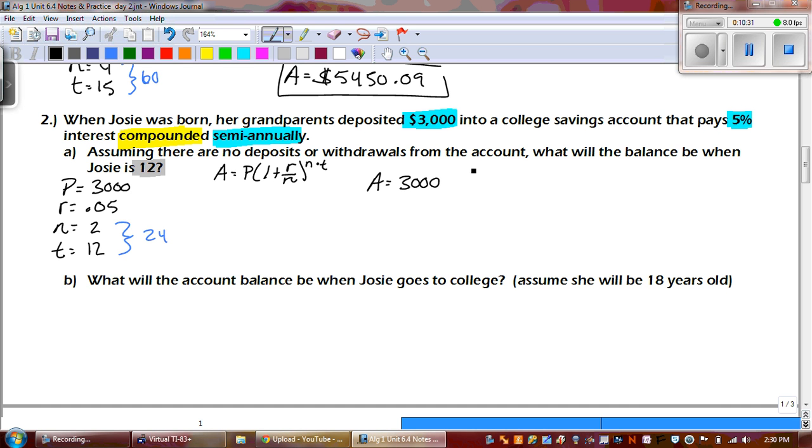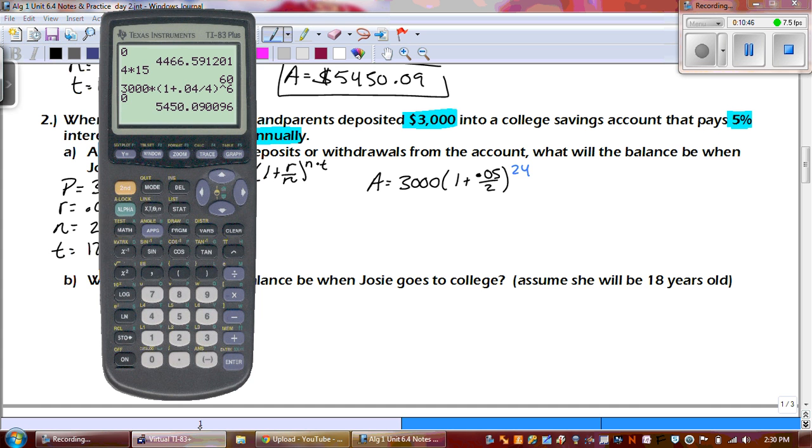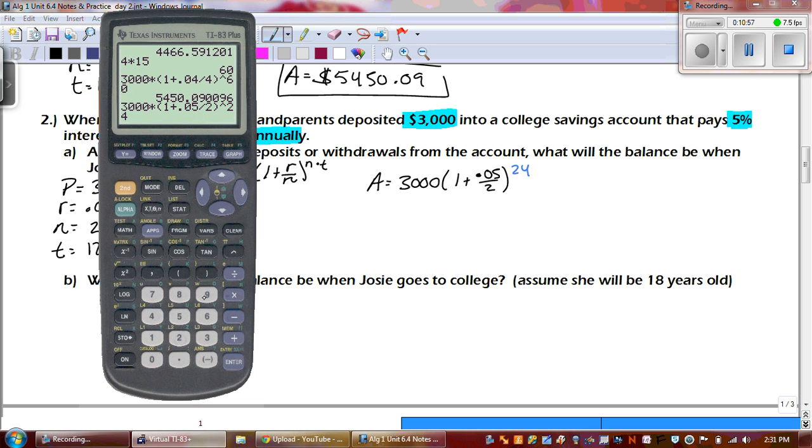So we have 3,000, 1 plus 0.05 divided by 2 raised to the 24th power. 3,000 times 1 plus 0.05 divided by 2 raised to the 24th power.